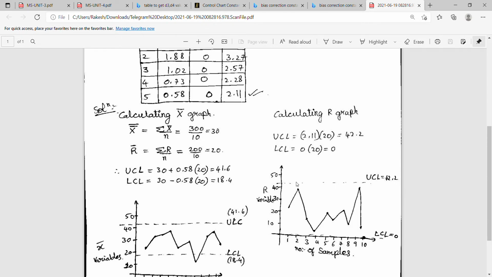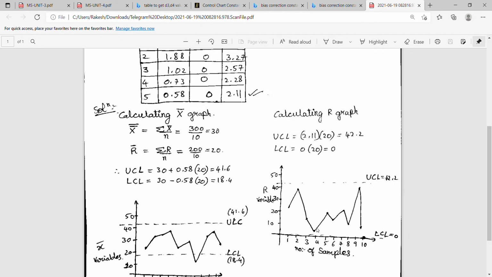You can take 40 also, but since the upper control limit is 42.2, go for 50 on the y-axis for the R variable, and the number of samples on the x-axis. Next, plot the upper control limit, 42.2, and the lower control limit, 0, with a dotted dash line.